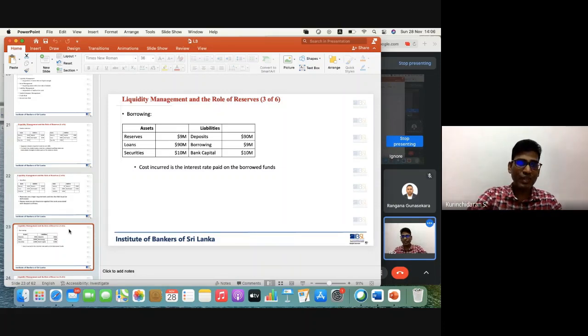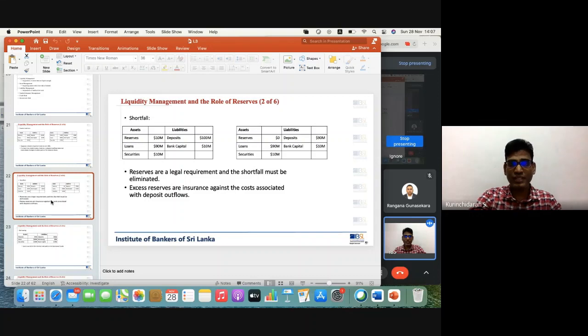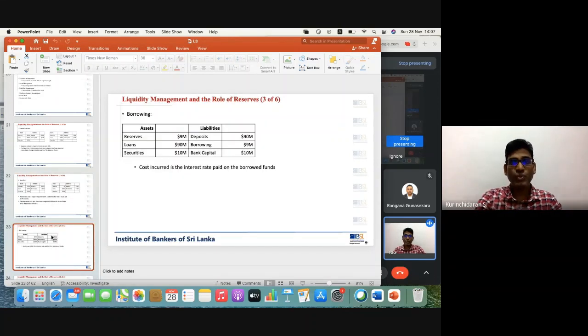We have seen with the 10 million withdrawal the reserves become nil, so you have to borrow. If you borrow, on the liability side you will get 9 million as borrowings, and then that would be accounted as reserves, 9 million. Why did they borrow 9 million? Because they have deposits of 90 million, so they should have a reserve of 9 million. So you have borrowed.